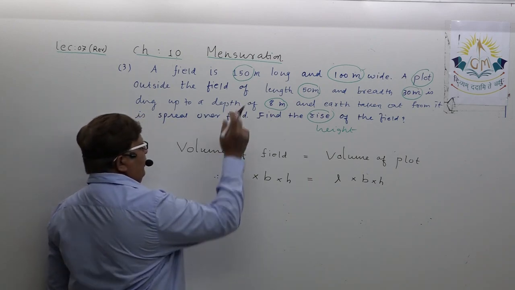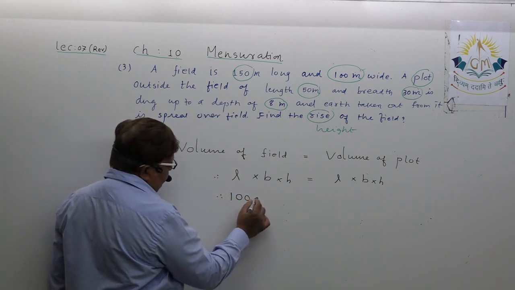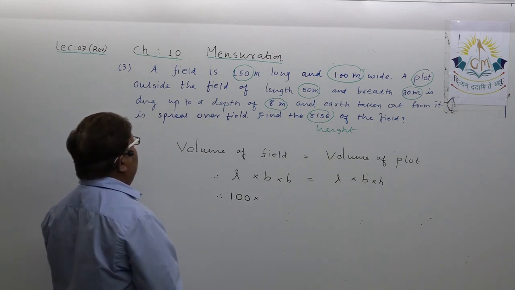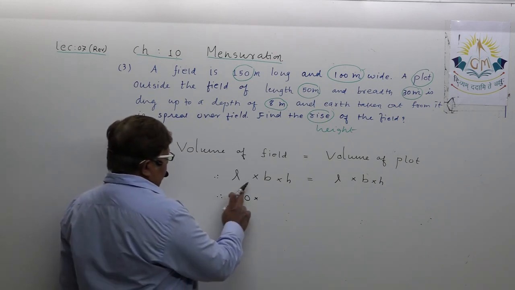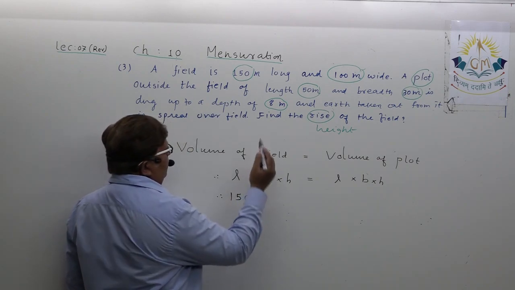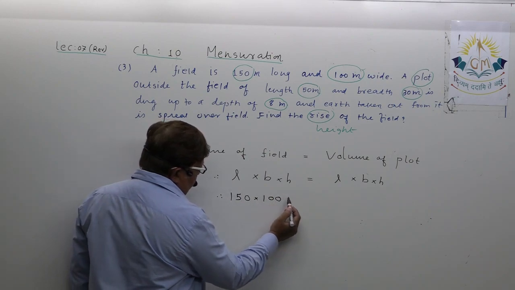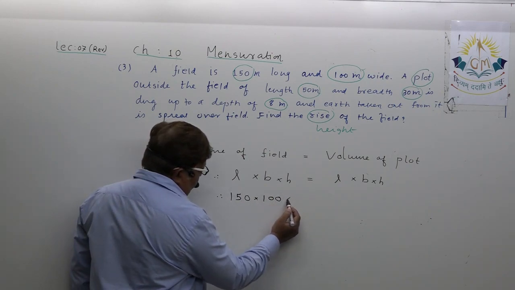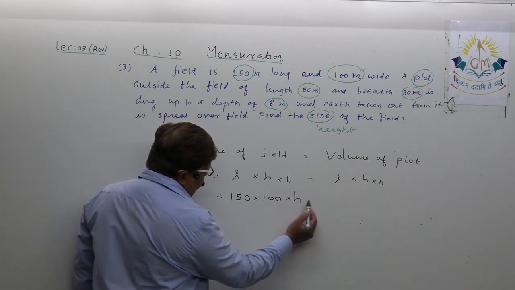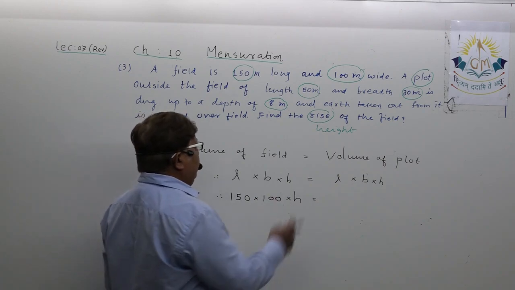What is the length of the field? Sorry, 150. Okay. What is the breadth of the field? 100. To which height it rises, that we are looking for. Okay. Now just see the plot.